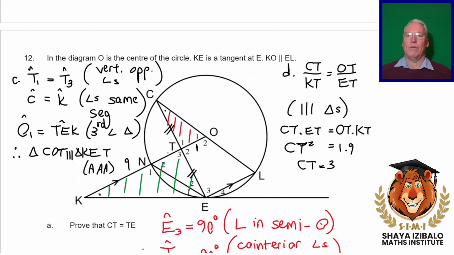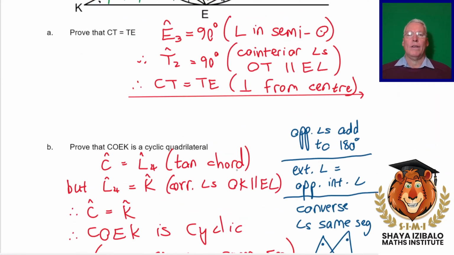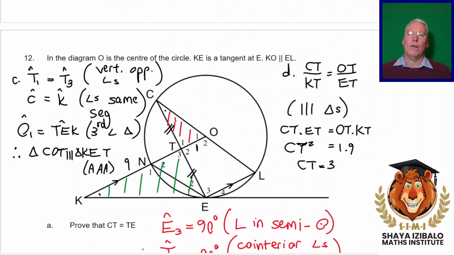Okay, and then the last question that we get asked for is, what is CO? Right, now CO is going to be the radius of the circle. Okay, and if I know this, remember this is a 90-degree angle here. So this is 90 here. I can now use Pythagoras.